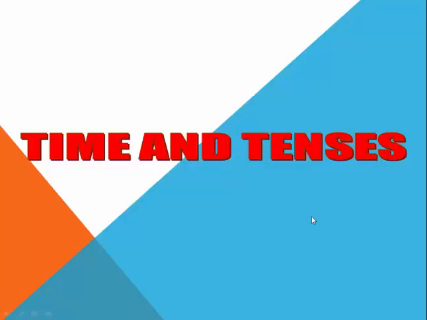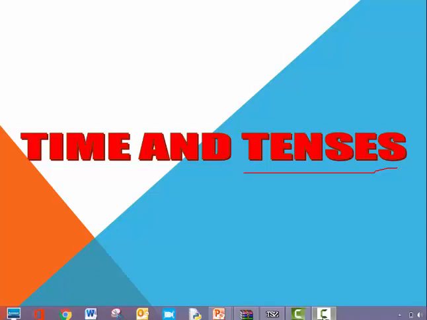So today we are going to learn about tenses. First of all, let us learn what tenses are. Tenses are generally the relationship between time and action. Tenses make us understand the time of the action with respect to the present time.